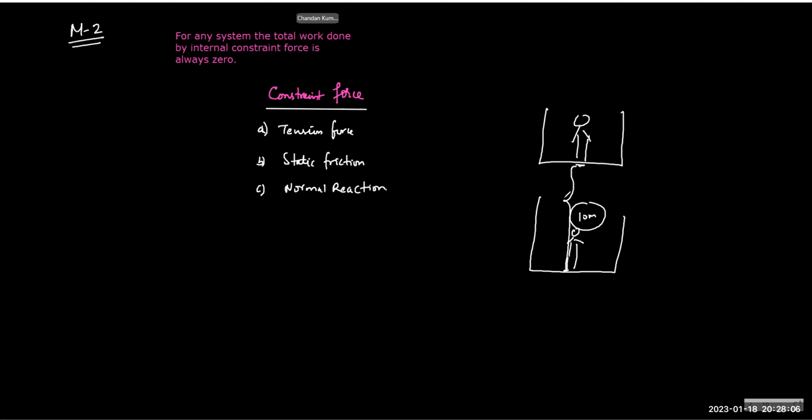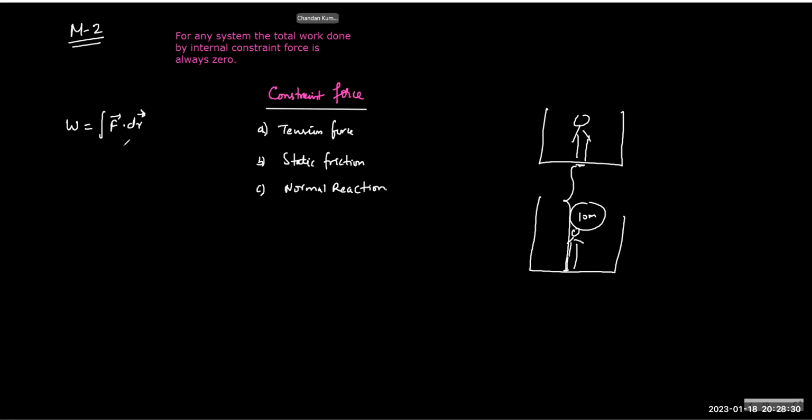So tension force and normal reaction are constraint forces, and the rule says that... how do we define work? W equals F dot dr, from vectors. Yes or no? Yes, sir.